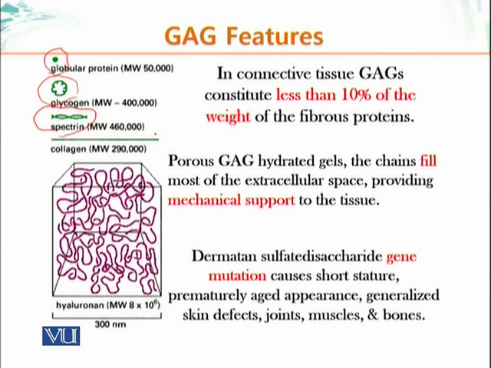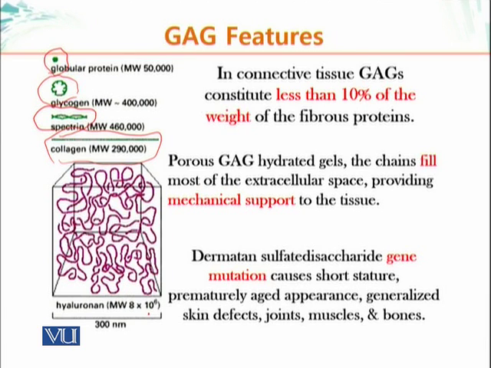Its molecular weight is 460. As compared to collagen, and collagen drawn here has a molecular weight of 290. This is a collagen molecule. Here we have hyaluronan, which is a type of GAG. Its molecular weight is 8 times 10 to the power 6. And look at the amount of volume it is taking.